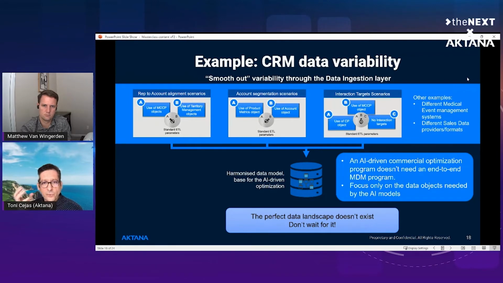And basically, through managing all this complexity through this flexible ETL, you will end with a harmonized data model where you can base your AI-driven optimization program, because that data model will be always the same and stable, right? So some comments to add here is that an AI-driven commercial optimization program doesn't need an end-to-end master data management program.